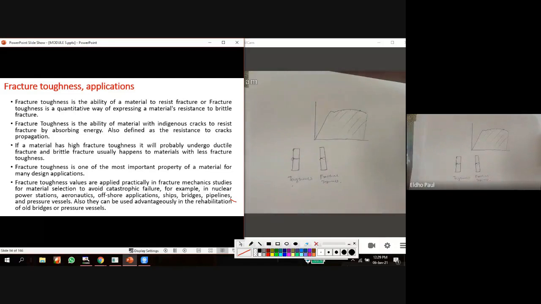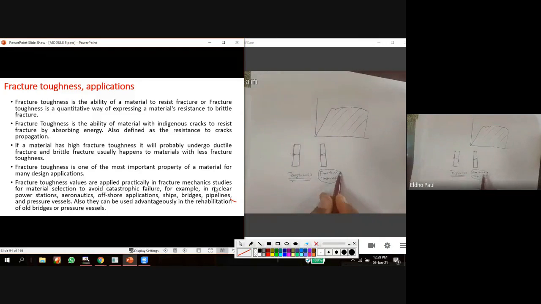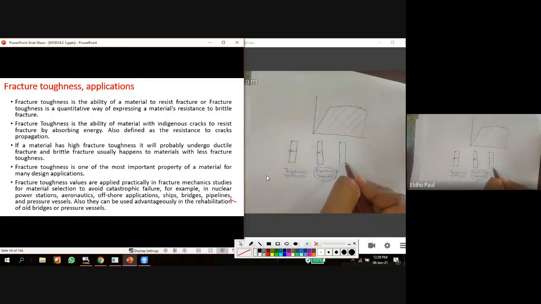So fracture toughness is the ability of a material to resist fracture, or a quantitative way of expressing a material's resistance to brittle fracture. It is one of the most important properties of a material for many design applications, because most materials will have some amount of cracks already.